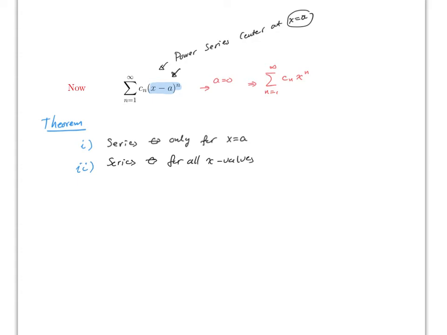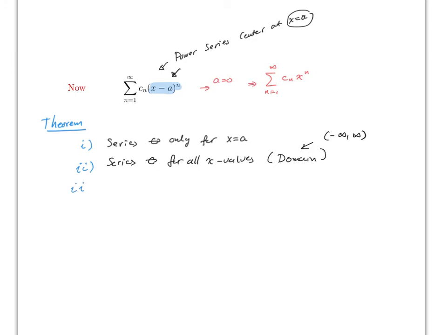Here x is technically going to be the domain of a function, because this is going to be, in the end, a function of x. You can think of this as the domain, and all x values means it's going to be from minus infinity to infinity.